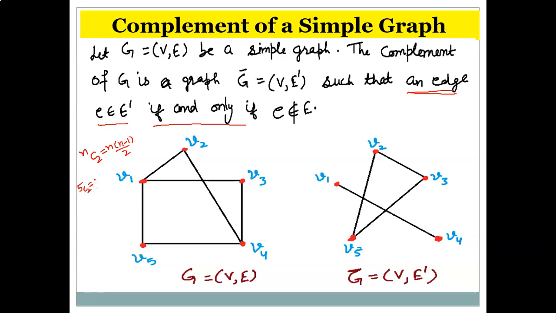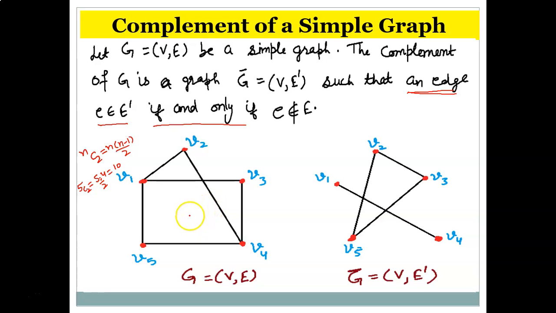A simple graph can have at most 5C2, that means 5 into 4 divided by 2, that means 10. If this simple graph is complete, then it must have 10 edges. But now here you can see the number of edges are 1, 2, 3, 4, 5 and 6. That means 4 edges are missing.